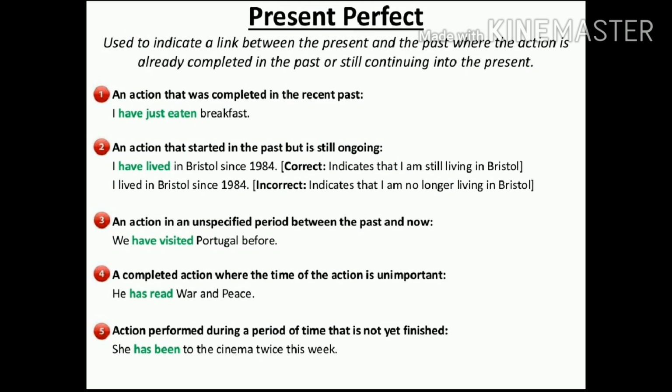So if the only thing you know is that the action happened somewhere between the past and now, and you are not sure about the time of that action, use present perfect tense. We have visited Portugal before. Here, the only information conveyed is that these people have visited Portugal. When? It is not specified.